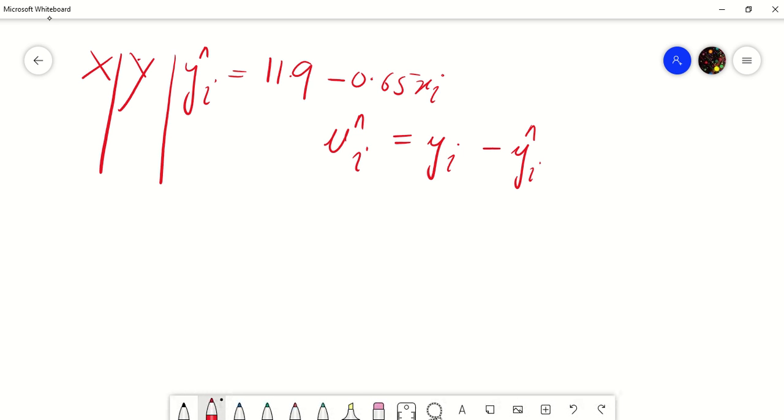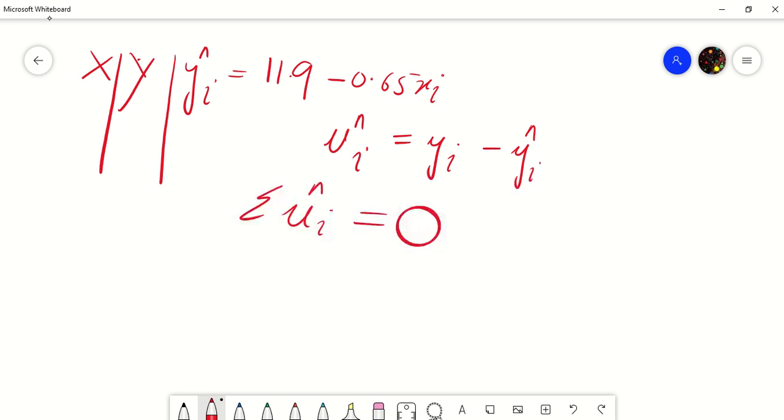What we are saying is, if you take the sum, that is, summation of mu i hat, then it is equal to 0. And if the sum is 0, then the mean of the residual will also be 0.